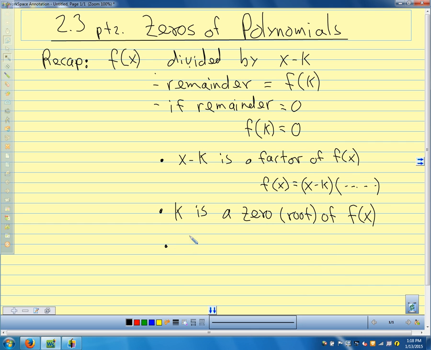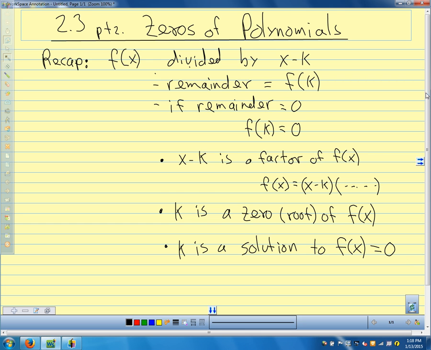What's another way of saying f of k is 0? k is a solution to f of x equals 0.